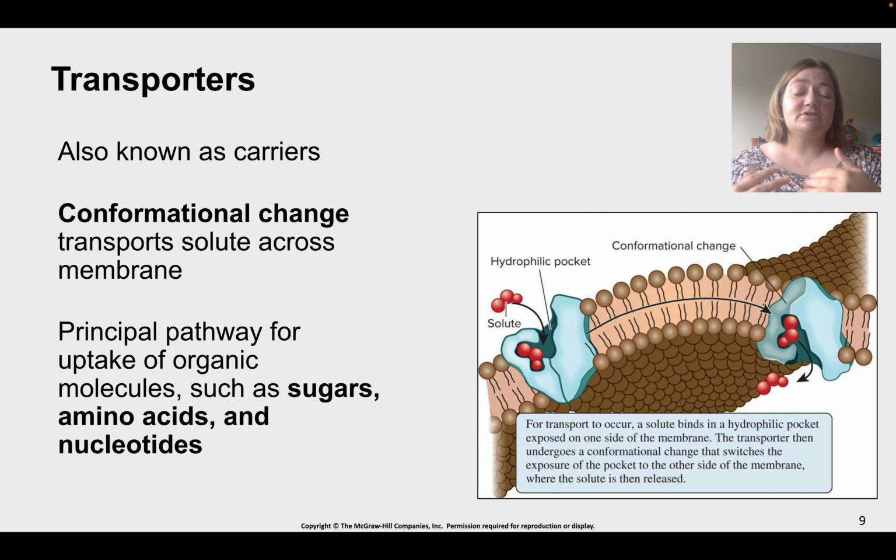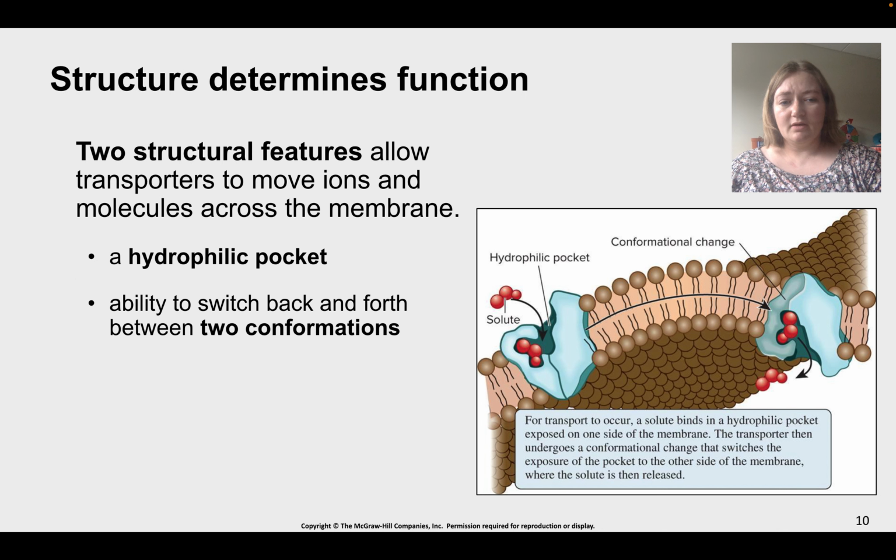These types of transporters are really great for larger molecules like sugars, amino acids, or nucleotides. Molecules that have charges, molecules that are very large. And if we look at how they go through this conformational change, we see that they have two structural features. They have the protein itself, but they have this hydrophilic pocket.